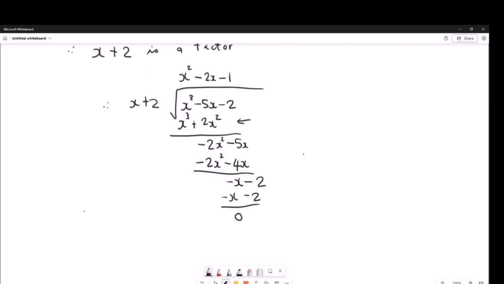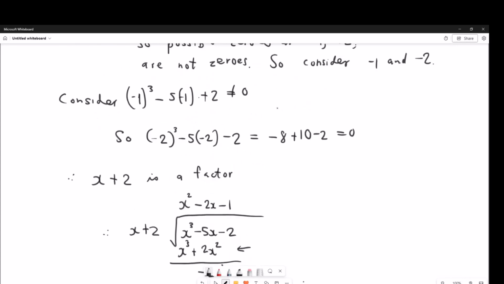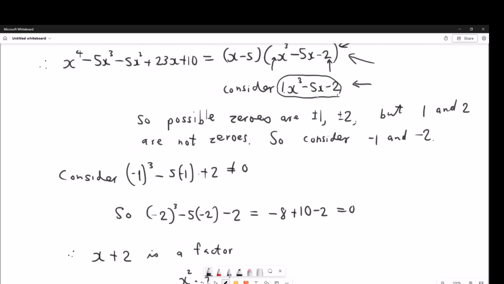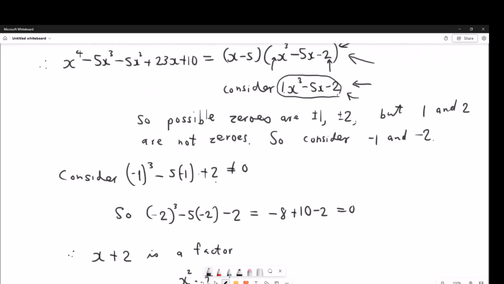So ultimately, you can write x cubed minus 5x minus 2 as x plus 2 times that. So you will substitute in the place of this here: you'll put x plus 2 times x squared minus 2x plus 1.